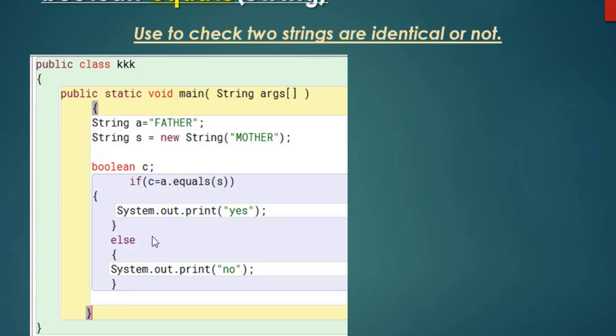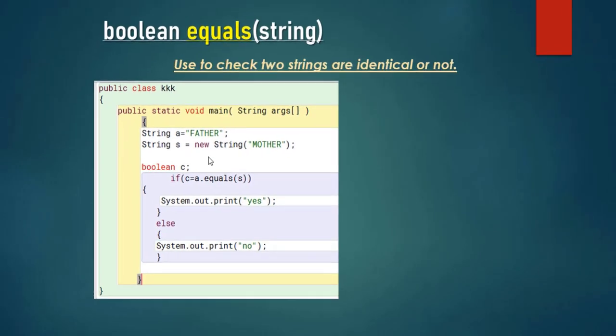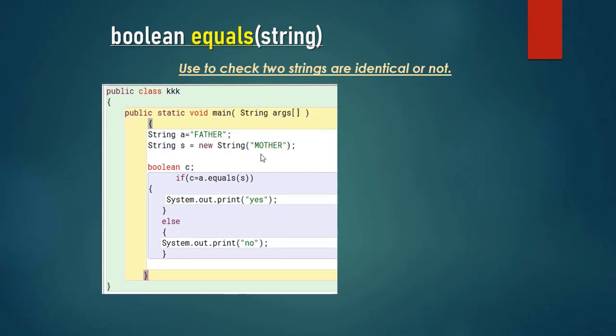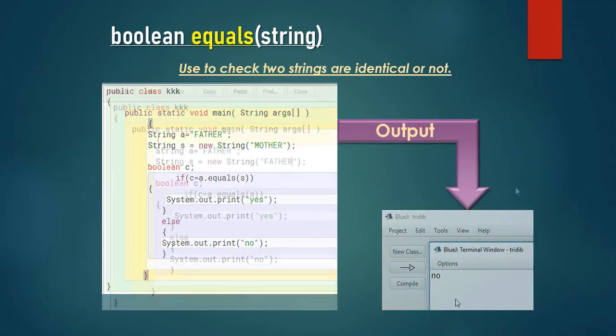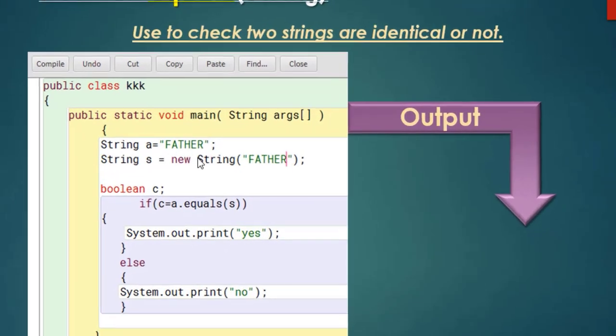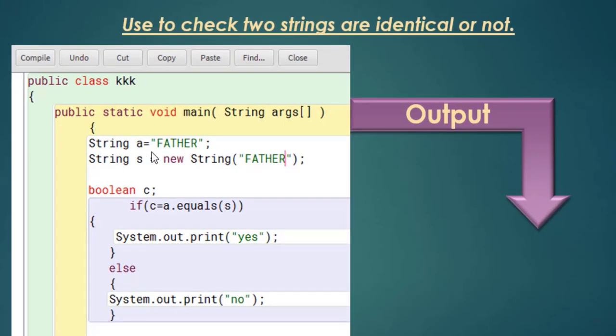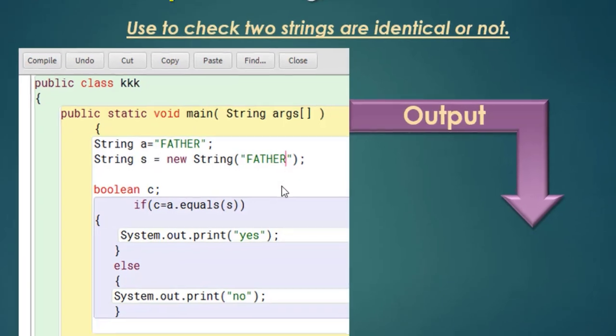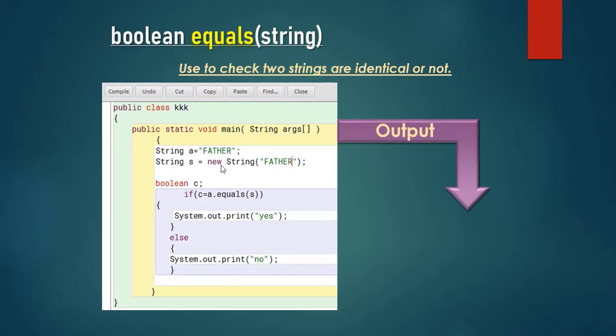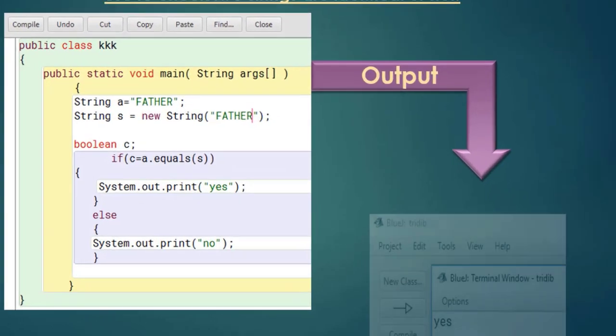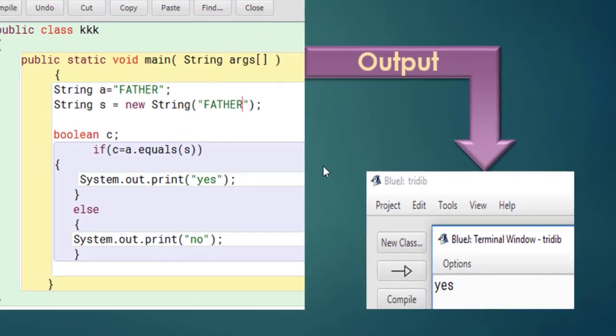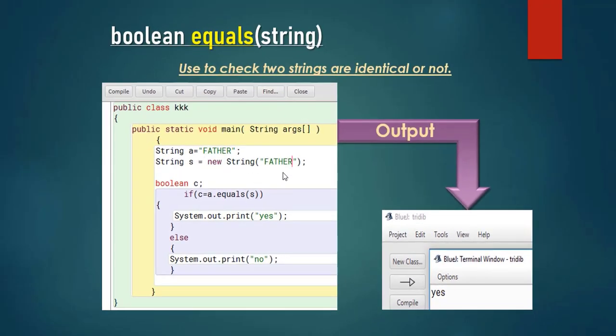If it is not, then it will print no. So these two strings, father and mother, are not identical. So in this case, the output will be no. On the other hand, if the two strings are identical, it will come as yes. So I have changed both strings to father. Now let us see the output. It will come yes, because the two strings are identical.